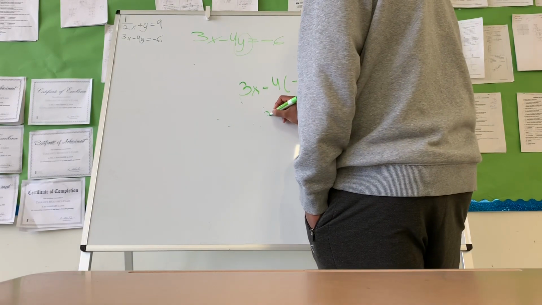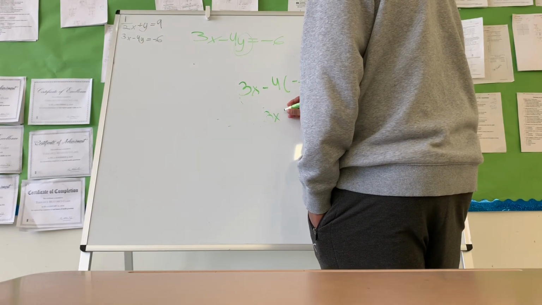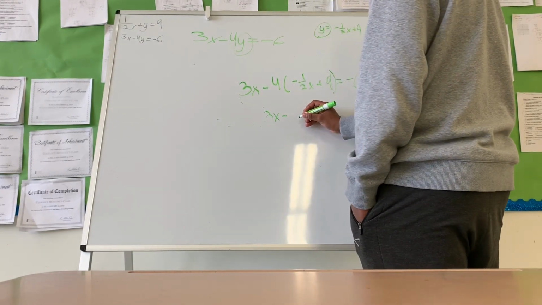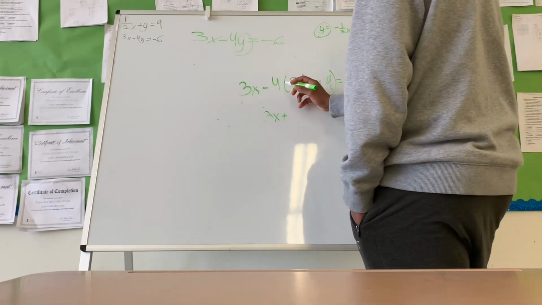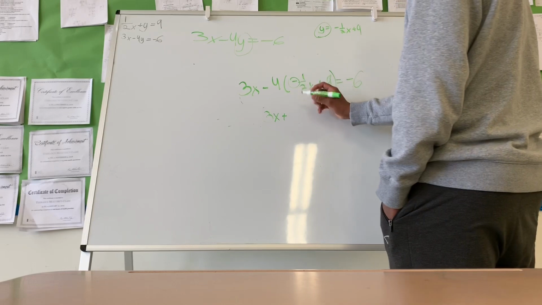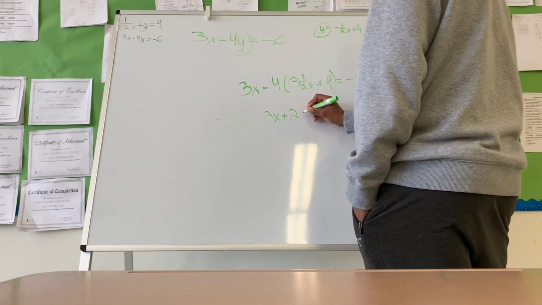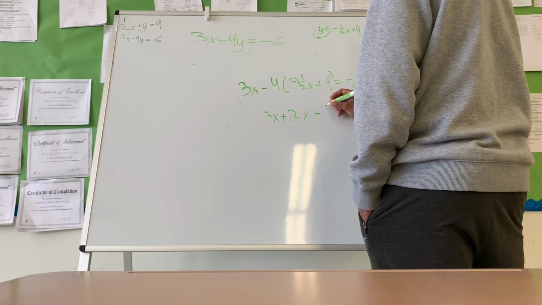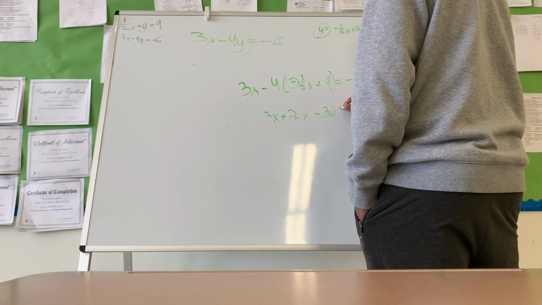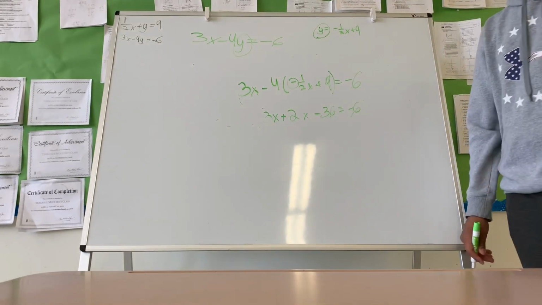So you do 3x minus, or this would turn into plus because of that negative, plus 4 times 1 divided by 2, 2x minus 36 equals negative 6.